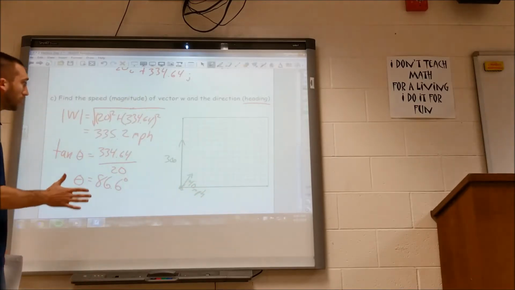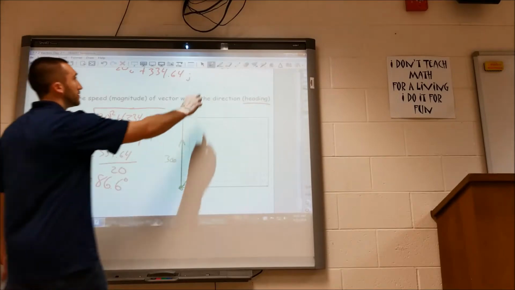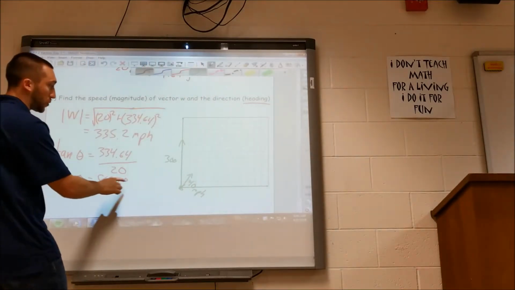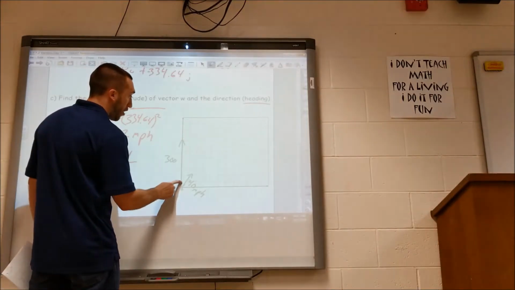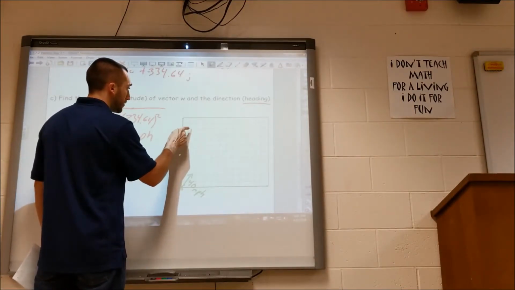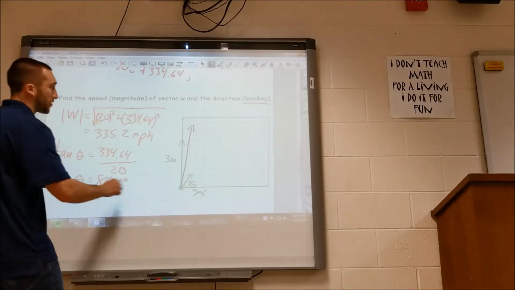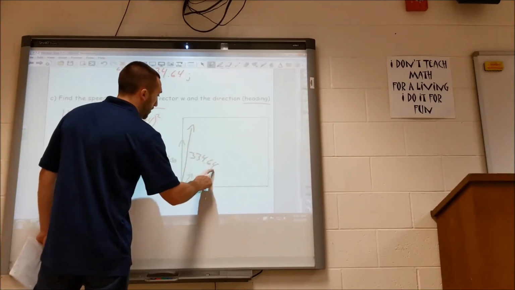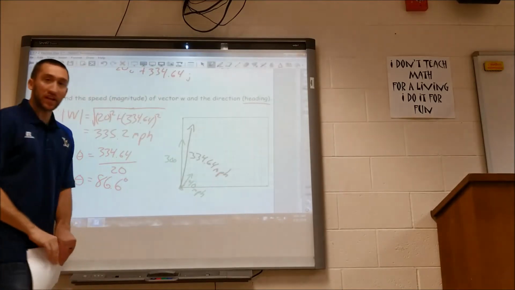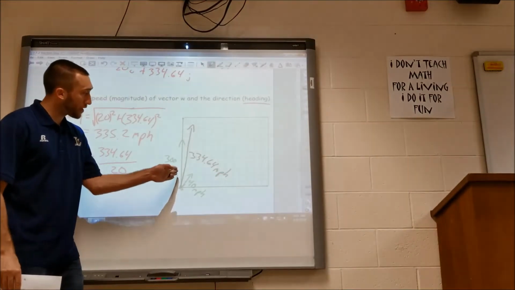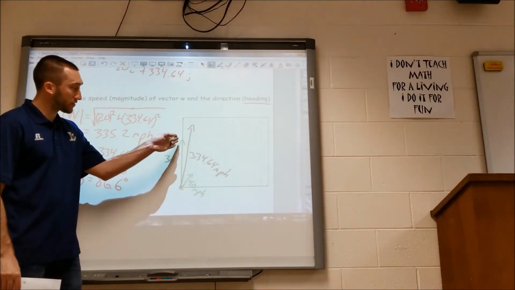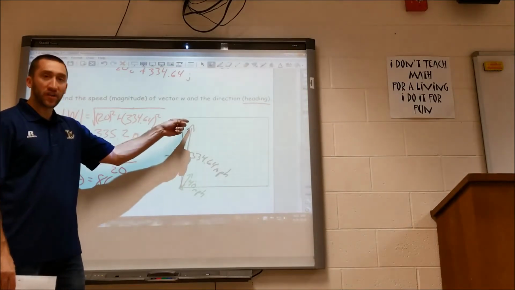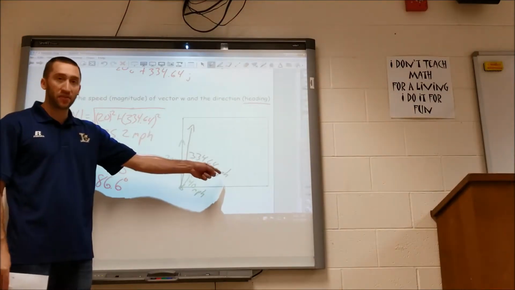My overall W is now going to be at 86.6 degrees, so almost 90, but it's at 334.64 miles per hour. So that's what's really happening to our airplane. It's going 300 miles per hour directly north. It has this crosswind. The net effect W puts it at about this angle here at this speed.